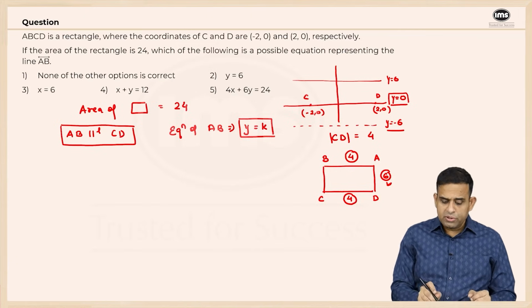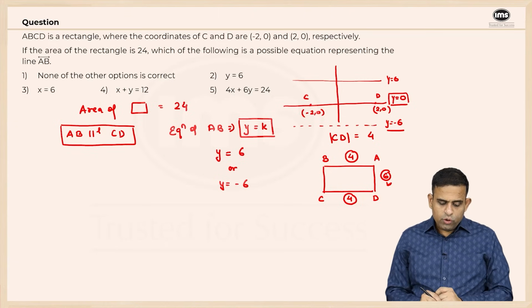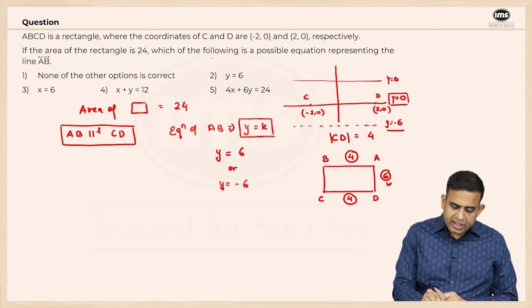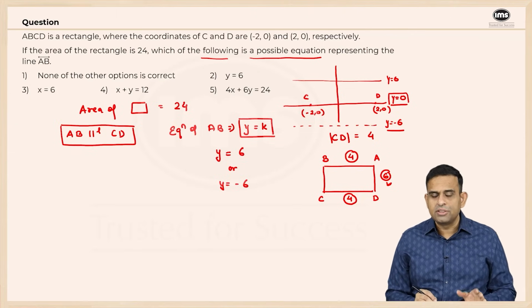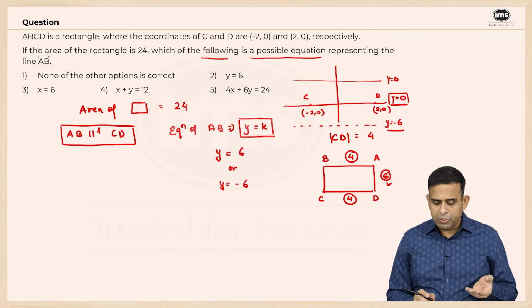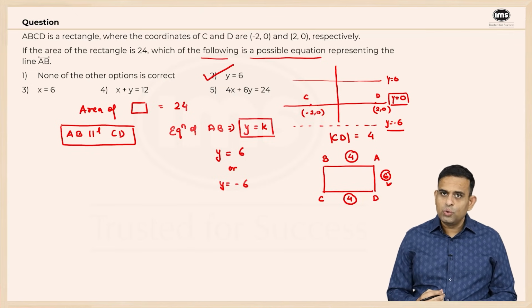Hence we have two possible scenarios, y equal to 6 or y equal to negative 6. If you look at option number 2, because it says the following is a possible equation, since we have two possible answers and one of them is present here, y equal to 6, I should choose to mark option number 2.